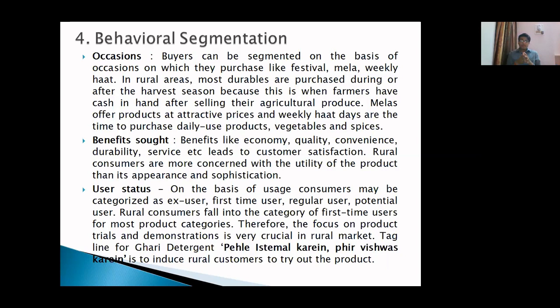Let us take an example of Ghari detergent. They used the tagline "पहले इस्तेमाल करें फिर विश्वास करें." And this tagline was specially designed for Indian rural areas.